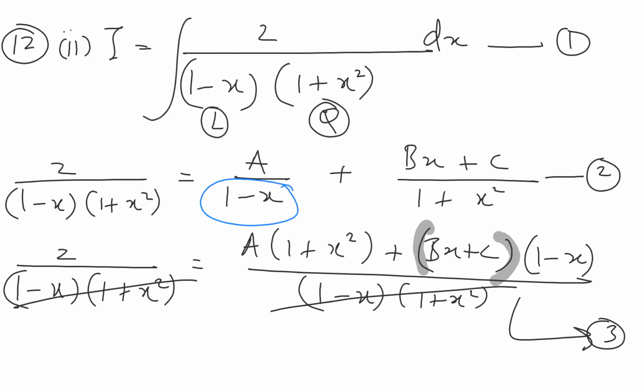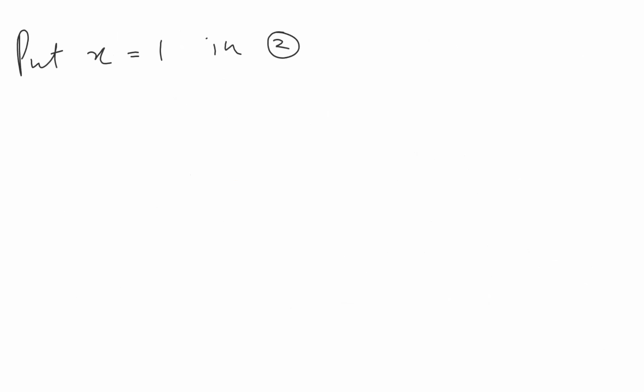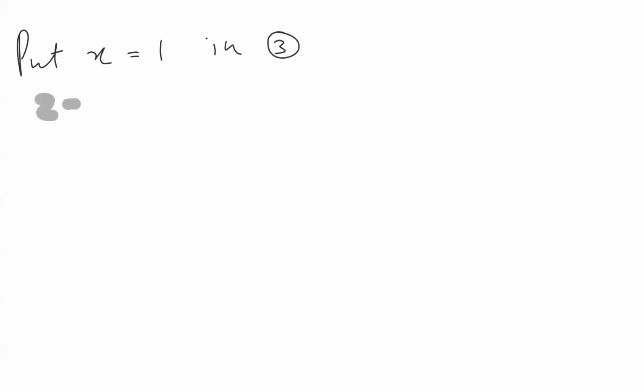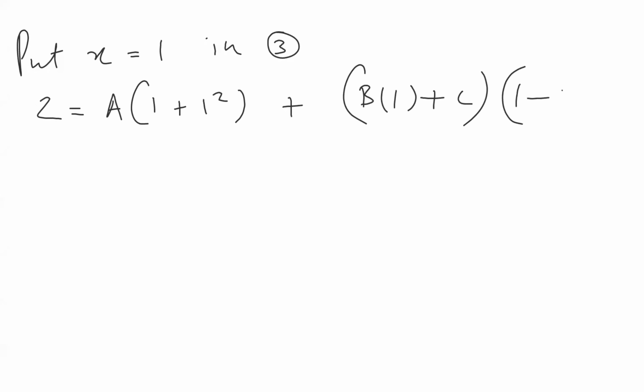So 2 is equal to a into 1 plus x square, in equation number 3, sorry, not in 2. So 2 is equal to a into 1 plus 1 square, plus b into 1 plus c into 1 minus 1.